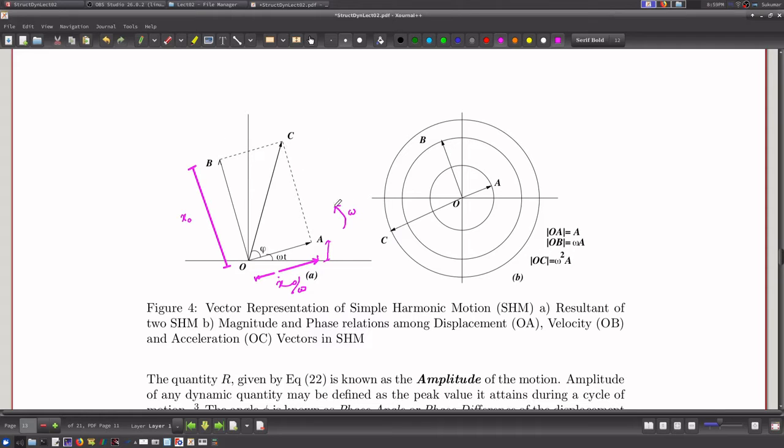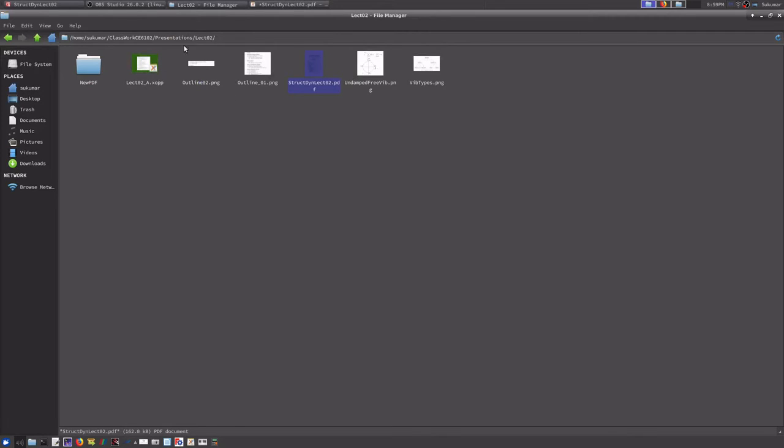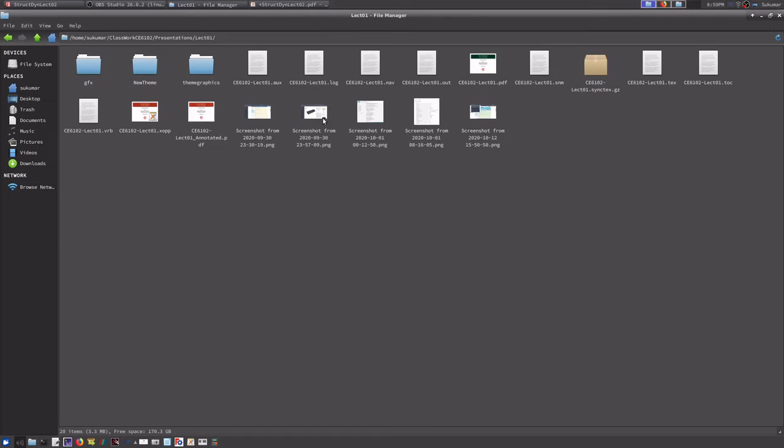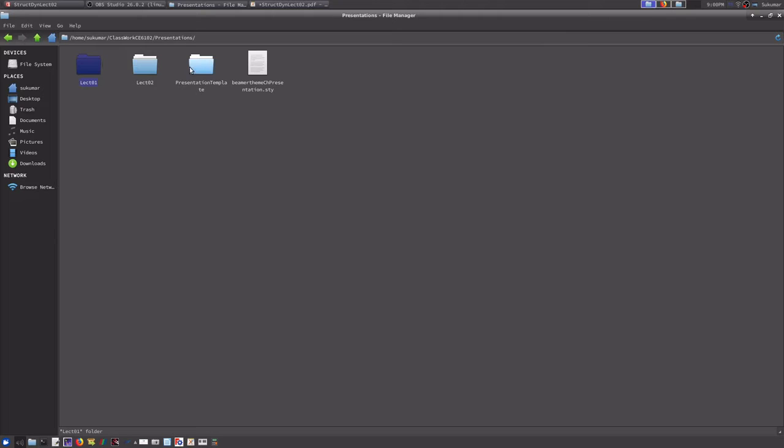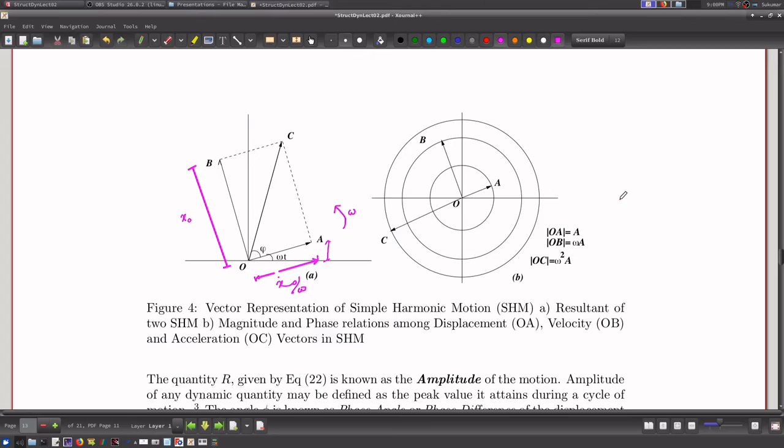You remember the video we saw in the last class. I had shown you this video yesterday. Let me show it to you once again. You remember that there was a mass moving to and fro, vertically up and down, and there was another point moving in a circular motion.